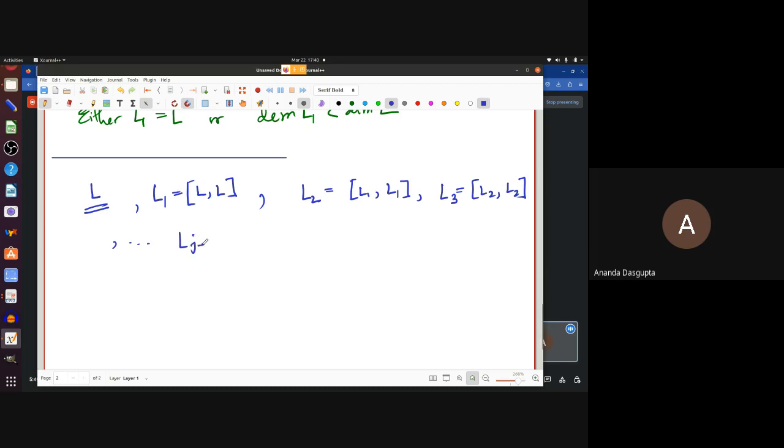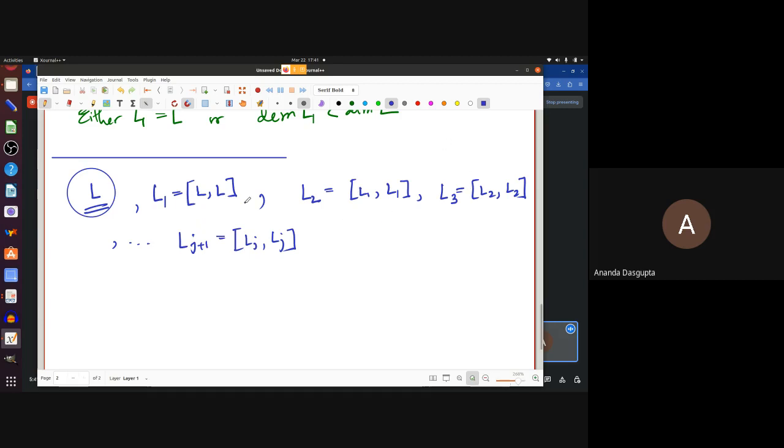In general, define Lj plus 1 to be the commutator of Lj with Lj, right? At each stage, L1 is an invariant subalgebra of the original algebra L. What is L2? It's an invariant subalgebra of L1. What is L3? It's an invariant subalgebra of L2.